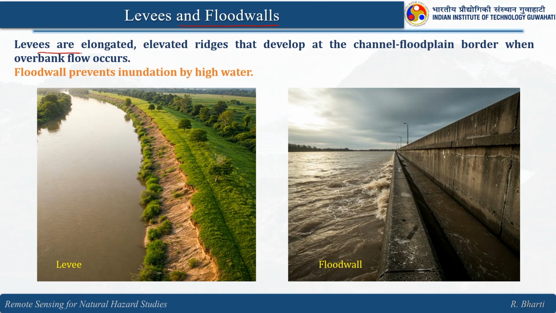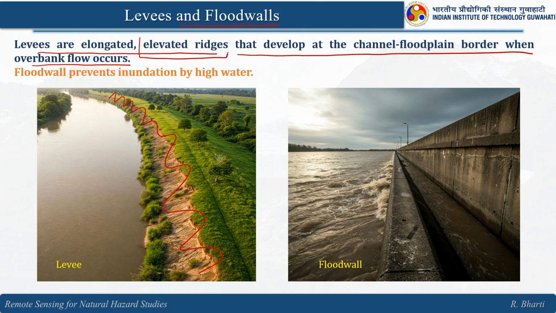Levees are elongated elevated ridges that develop at the channel floodplain border when overbank flow occurs. Here you can see this is the levee, the elevated ridges that develop at the channel floodplain.